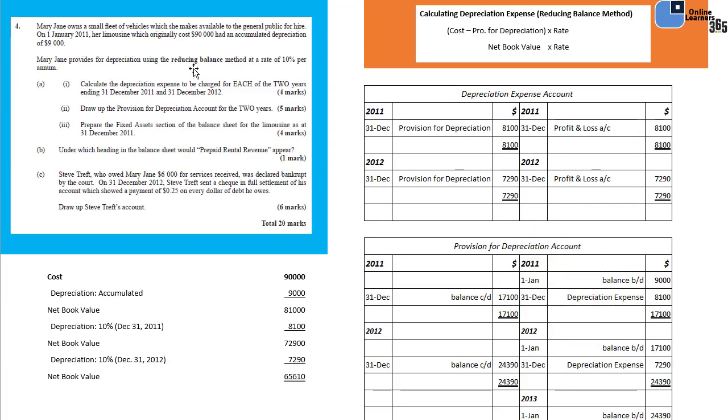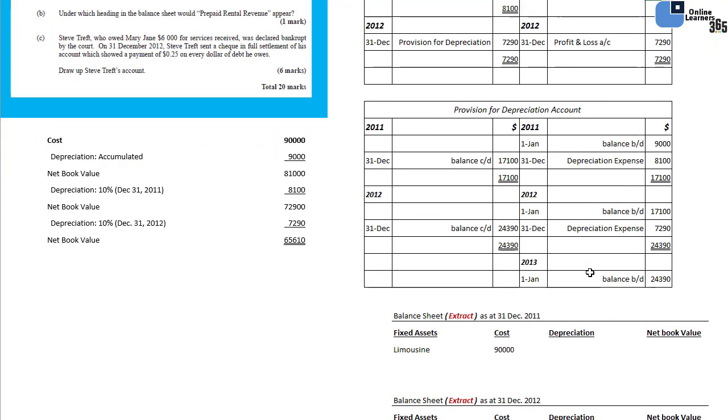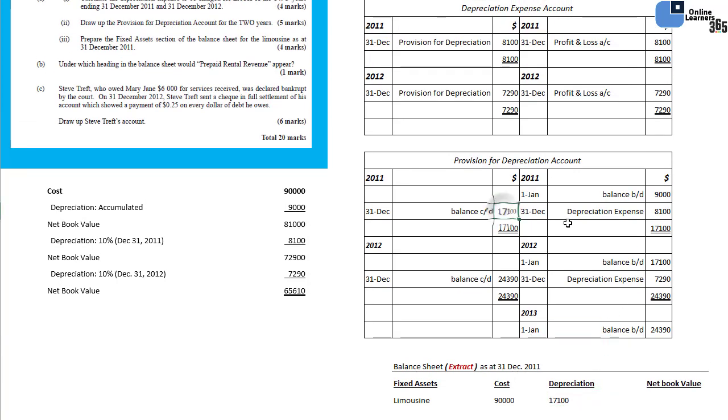So it means that balance would have been 9,000 from the start, plus the total that was charged for the year, 8,100. So that would give us 9,000 plus 8,100, 17,100. Where else did we see that figure? Oh yeah, that would be the balance at the end of the year, also in the provision for depreciation account for that given year.